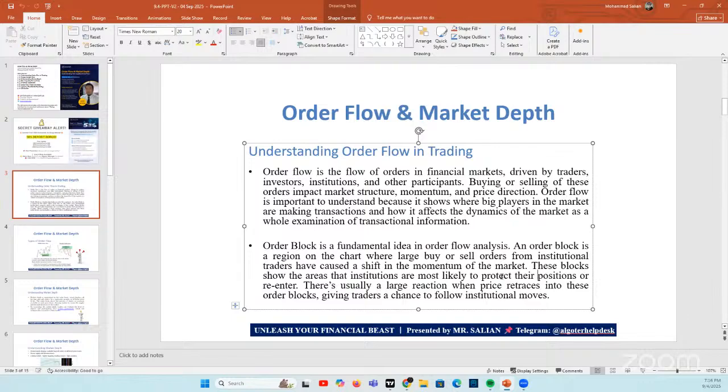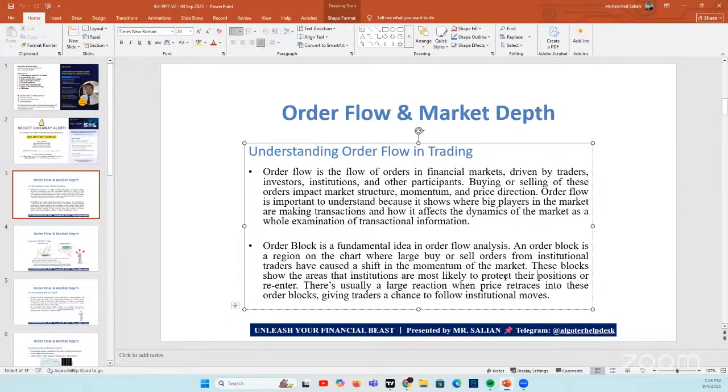But the buyers in that example will protect this area. There will be an order block there, as I'm telling you, where we will enter. That's our point of interest. Sometimes it's an FVG, either an order block or an FVG. We will go there, right?